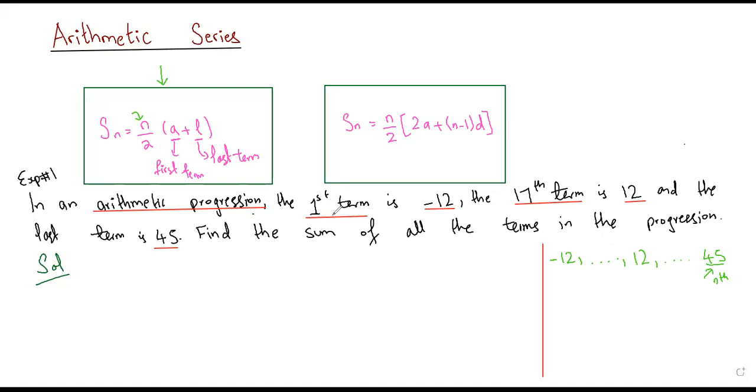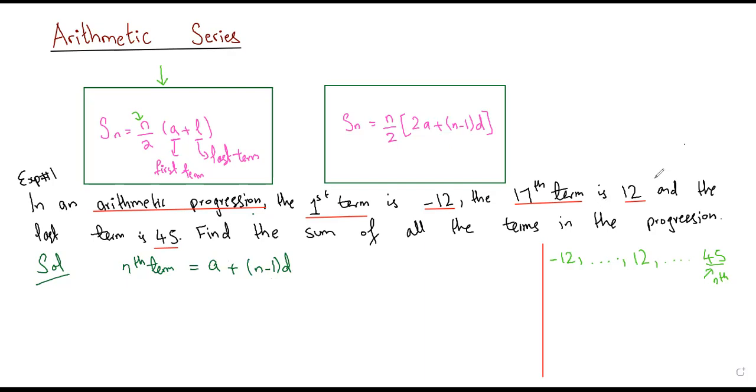Let's go about it. We know that the nth term is a plus n minus 1 into d. This is a formula that we discussed yesterday. And we know that the first term is minus 12 and the 17th term is 12.